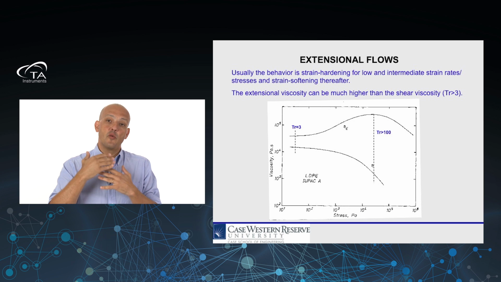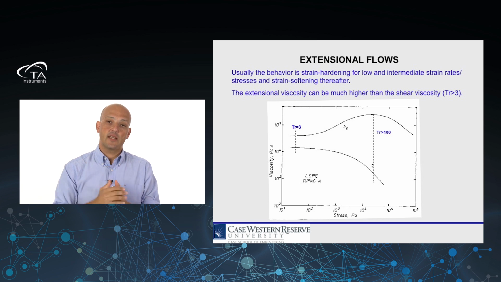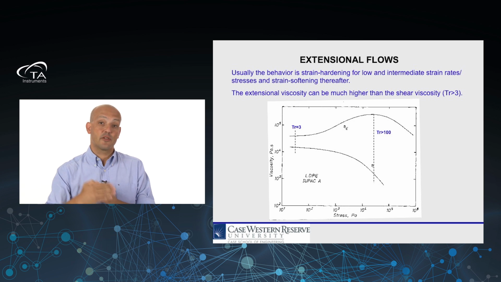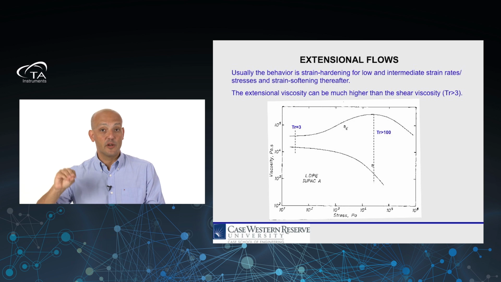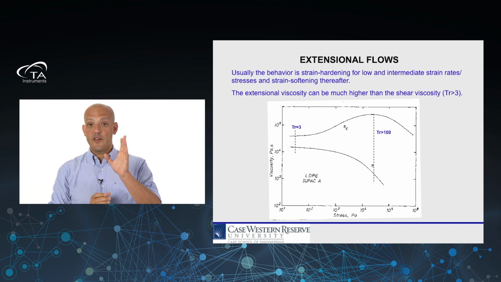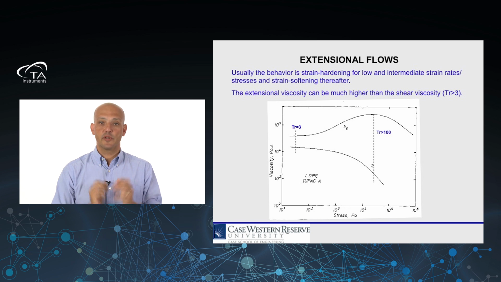So really, when one is designing a process, even if one assumes that the uniaxial extensional viscosity is 3 times the shear viscosity, that is not good enough, because that is the Newtonian limit at very low stresses. For stresses typical of your processing, this ratio could be more than 100, and that will alter dramatically your processing conditions and your processing window.